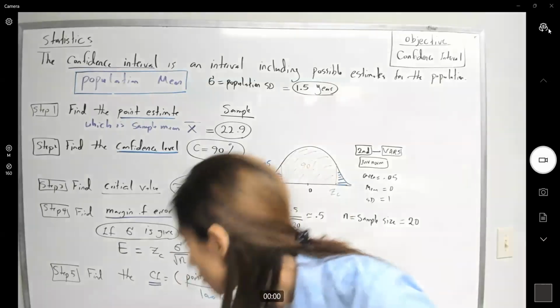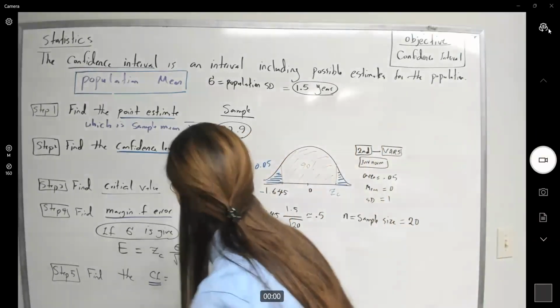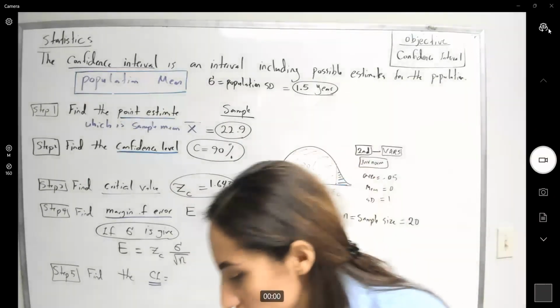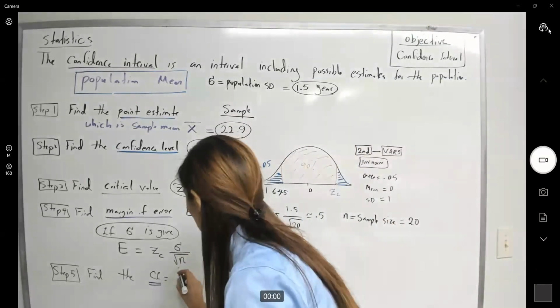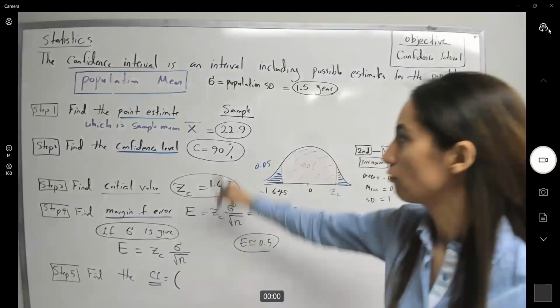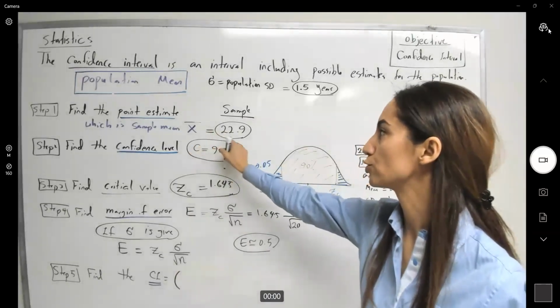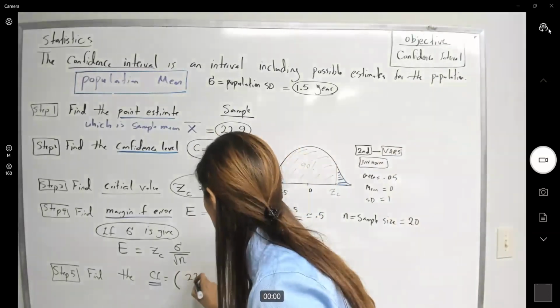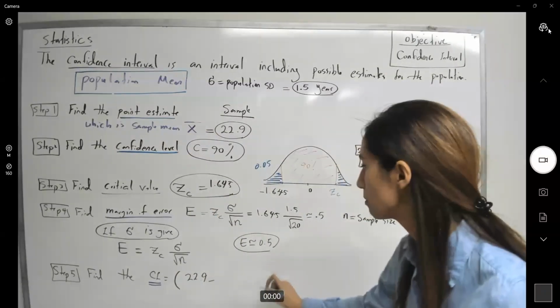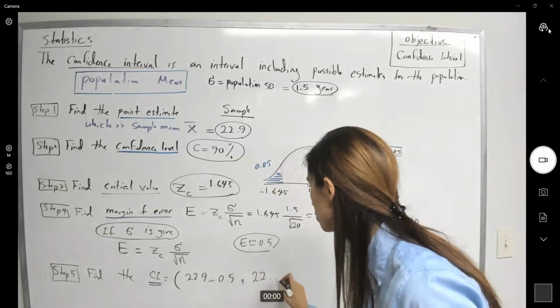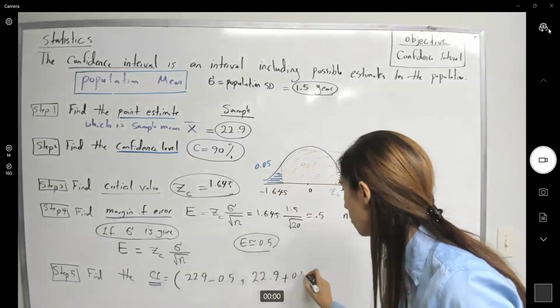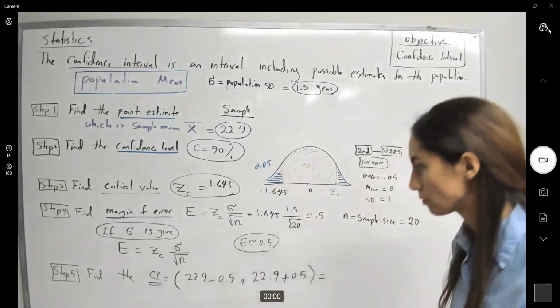My confidence interval is equal to an open interval. What is my point estimate? My point estimate is 22.9. So 22.9 minus the margin of error, 0.5, and 22.9 plus the margin of error.